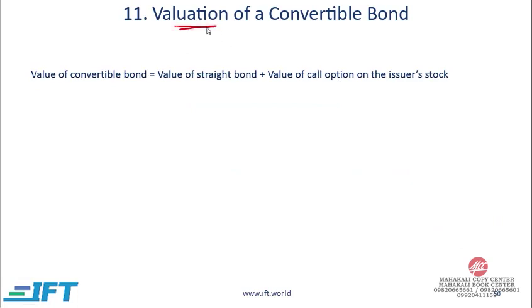Now let's get a little deeper into the valuation of a convertible bond, and I've already alluded to this. The value of a convertible bond can be thought of as the value of a straight bond plus the value of the call option on the issuer's stock.